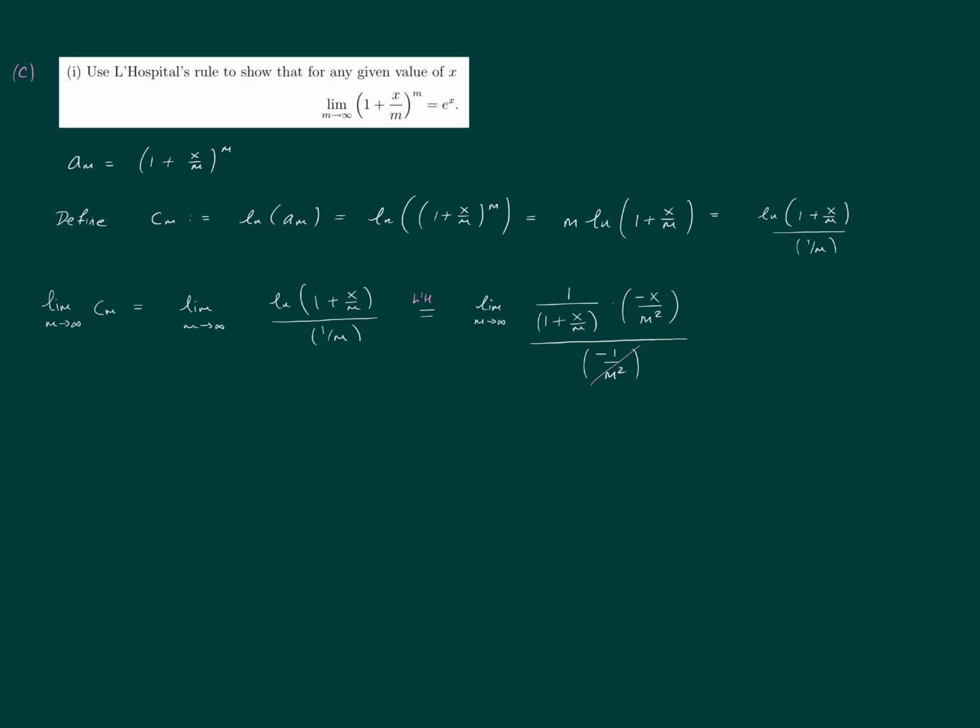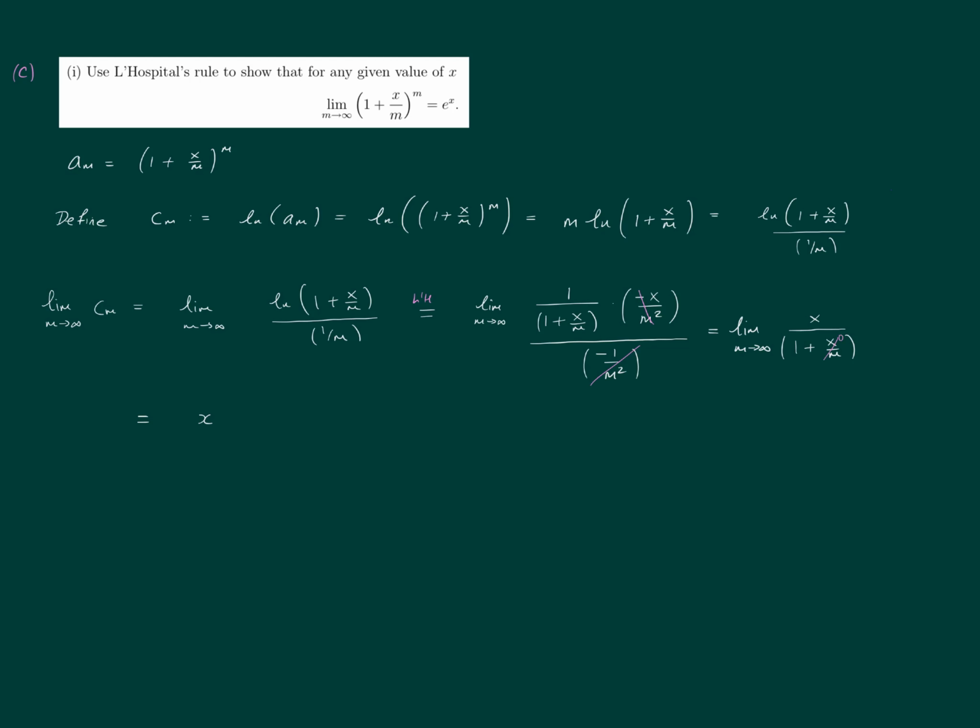The minus x over m squared will cancel with the minus 1 over m squared, and we'll just be left with x on the top. So this is the limit as m goes to infinity of x over (1 + x/m). Now, if we take the limit as m goes to infinity, that 1/(1 + x/m) is just going to go to 1. So we'll get x over 1, which is just x.